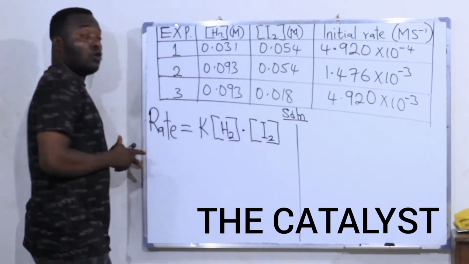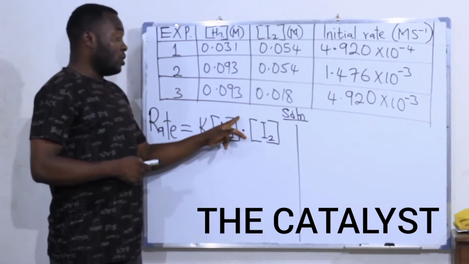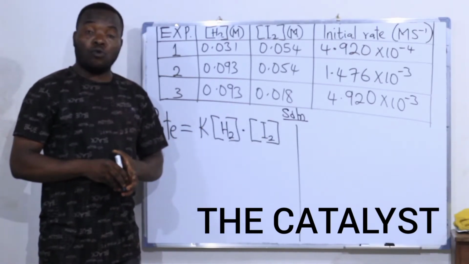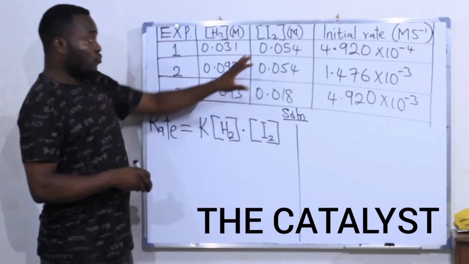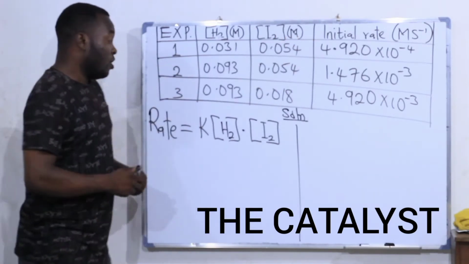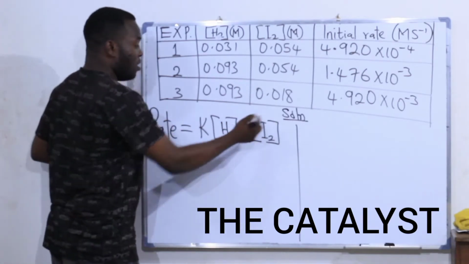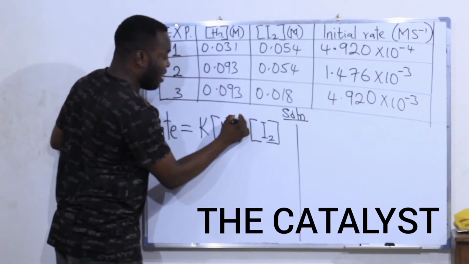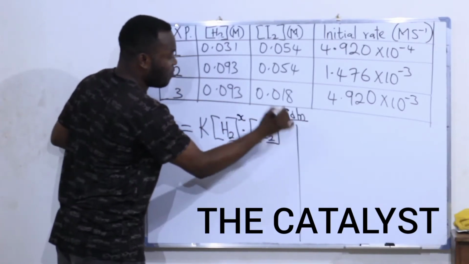Now, I do not know the order of the reaction with respect to hydrogen and with respect to iodine. I am going to find them. That is why the data in the table is given to us. Because we do not know the powers, we are going to represent the exponents as x and y.